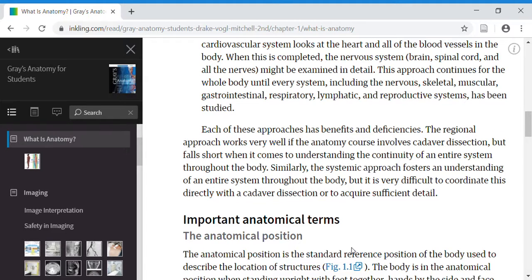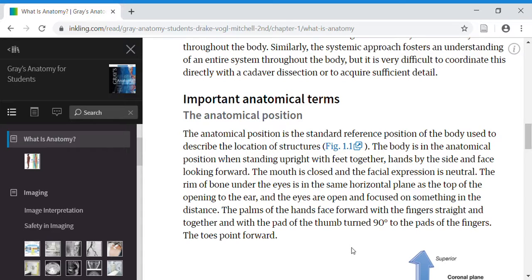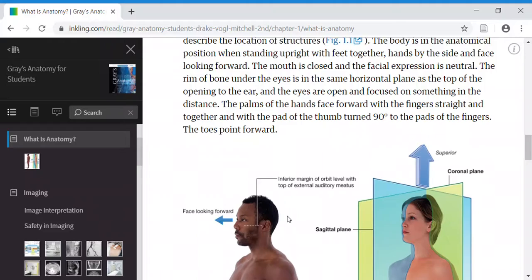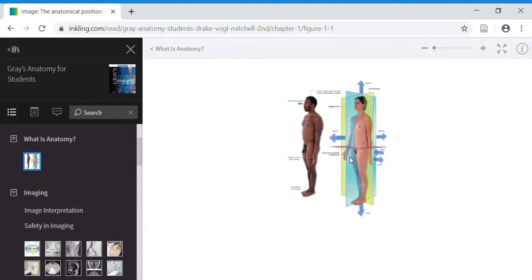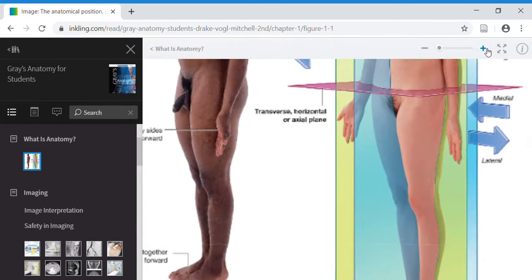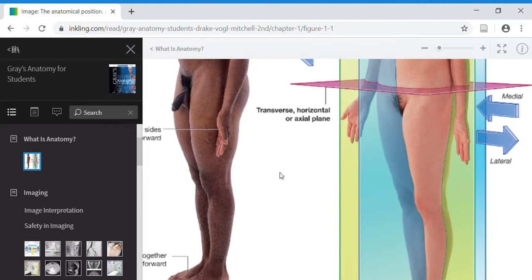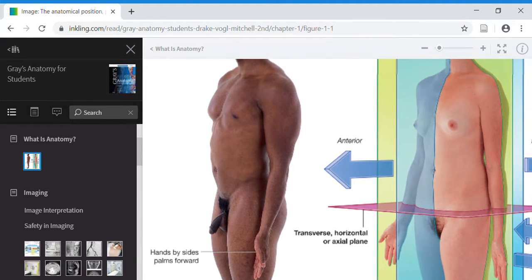And so, there are some terms which are to be known prior to studying anatomy. Those are the anatomical positions, and this is an example of how anatomical positions are.